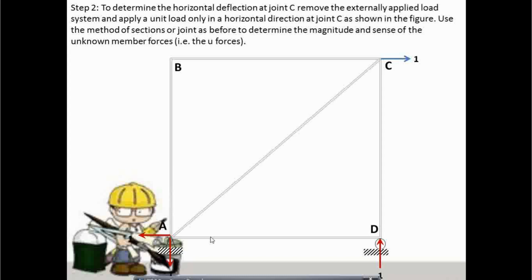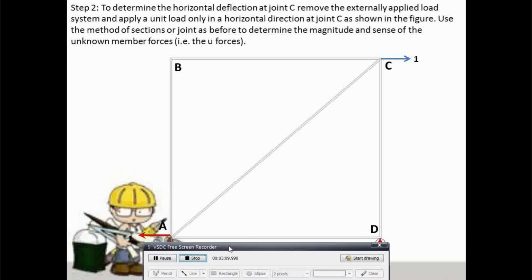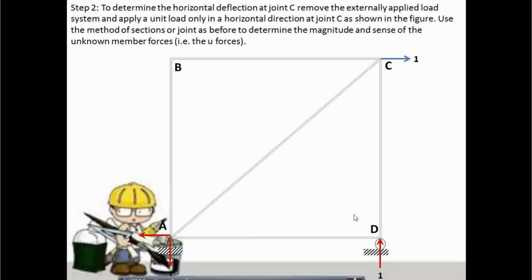I used the 3 static equations. After na nakuha nyo na yung mga reactions, next, determine the forces for each member with that applied load na 1. So again, using method of joints, these are my answer.